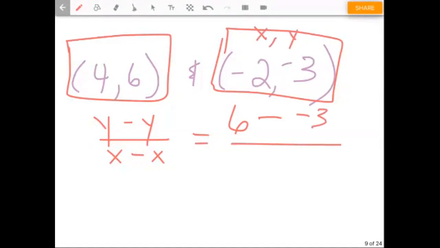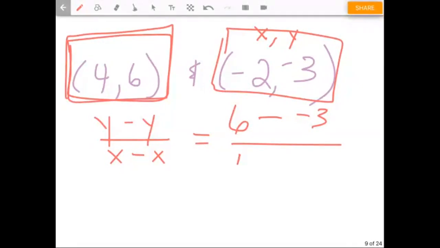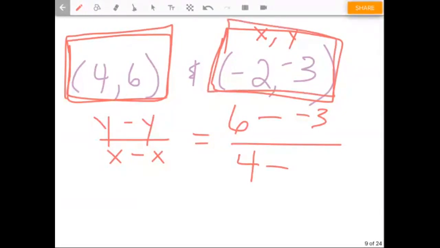And then we go back to the first point, and now we do the X. So X is 4. 4 minus, and then what's the X in this second point? Negative 2. Good. So 6 minus negative 3 is 9. 4 minus negative 2 is 6.